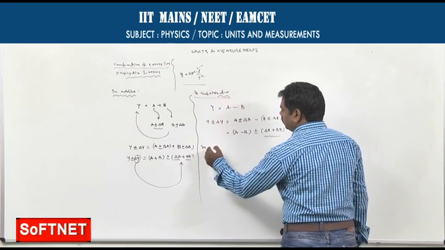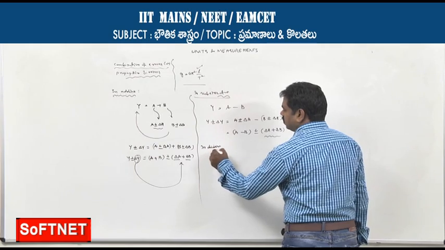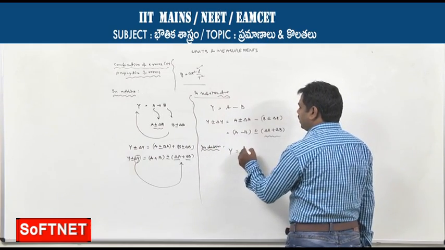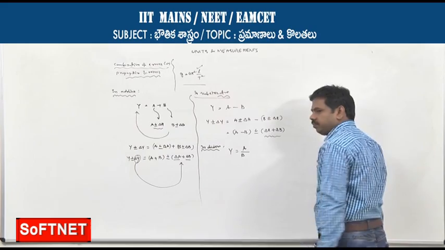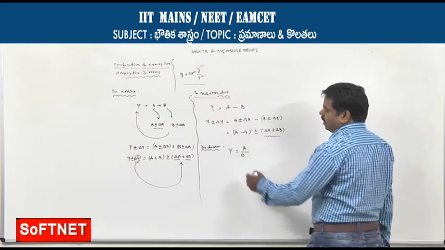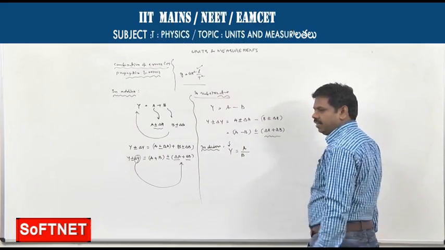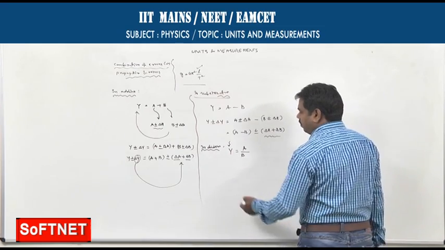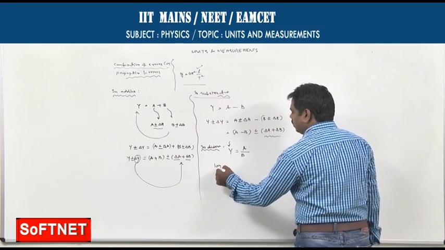Similarly, we can find it in division and also multiplication. In division, say Y is equal to, for example, A by B. In finding the absolute error in the measurement of Y, this method will be followed. Take logarithms on both sides.